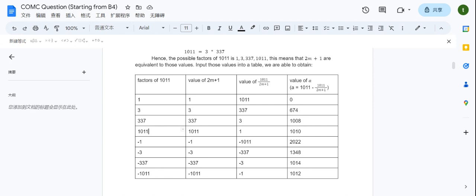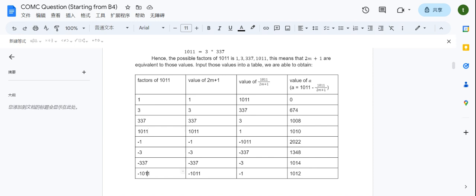This is the same for negative 3. Negative 3 is a factor of 1011, and hence 2m plus 1 is negative 3, and hence the value of this is negative 337. Hence 1011 minus negative 337 is 1348. Using the same way, we are able to obtain 1014 and 1012 without loss of generality.